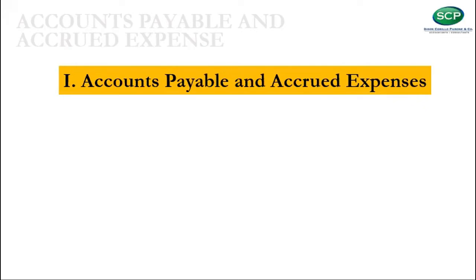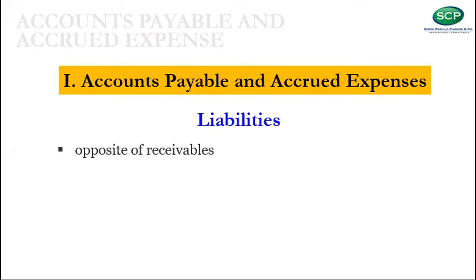By the name itself, we would know already that accounts payable and accrued expenses are liabilities. Liabilities are the opposite of receivables. If receivables are amounts owed from debtors, liabilities are amounts owed to creditors.